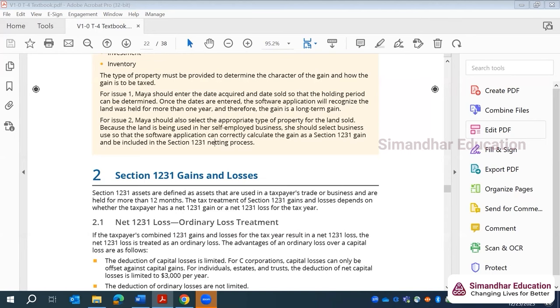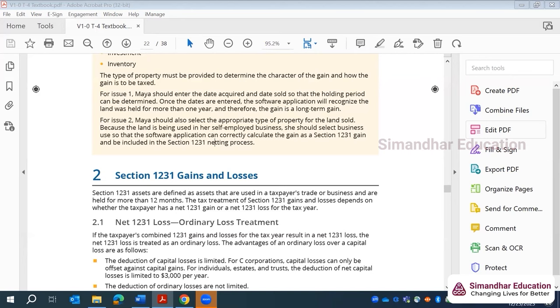Okay. So please be mindful that for business purposes, they are definitely business property, but they fall under the category of personal property. Okay. Don't go by the literal meaning of the word personal. So 1231 asset, as I mentioned, if you satisfy both the requirements, it is a 1231 asset.